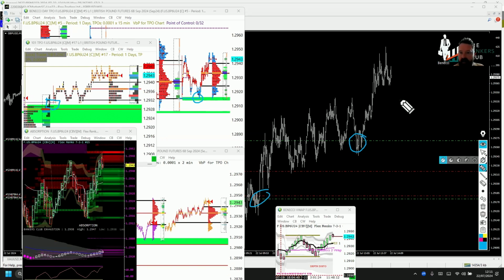And now I'm at the point where I'm going to be taking profits here on both these positions, because I have just seen pop up on my absorption chart this red horizontal box, which is one of my studies, which tells me there is a large, significant number of resting sell limit orders sitting there, aka a potential supply zone.